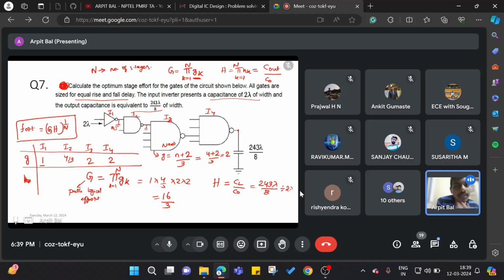Yeah, I understand that point, but we have written the delay in the form of GH plus P, right? Yes, sir. But the delay that we obtained from Elmore delay is different. Okay, so this is actually a bit of simplification.